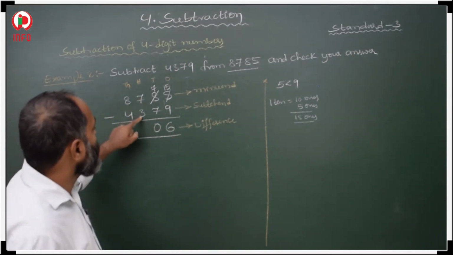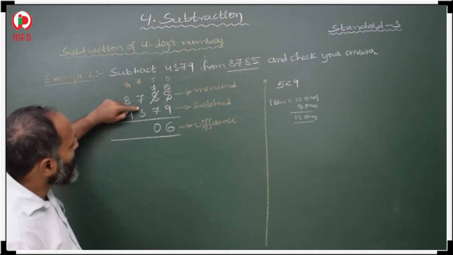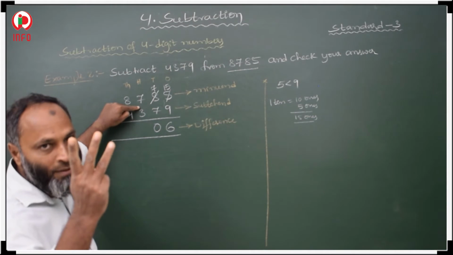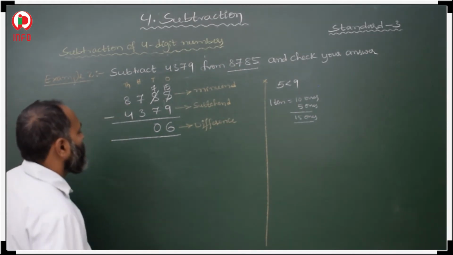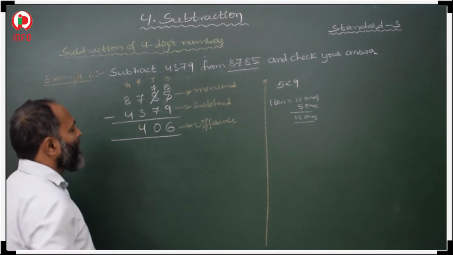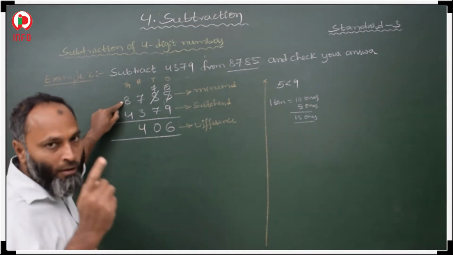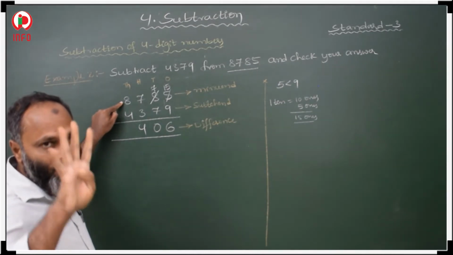Here 7 minus 3. Then how to make minus 3? No. 4 to 7 you have to count. 4, 5, 6, 7. It is 4. Then 8 minus 4 means 5 to 8 we have to count. 5, 6, 7, 8. It is 4.